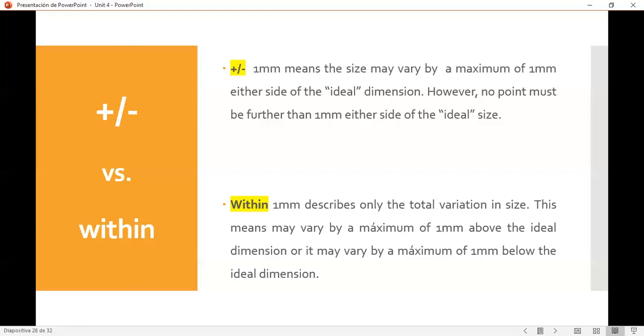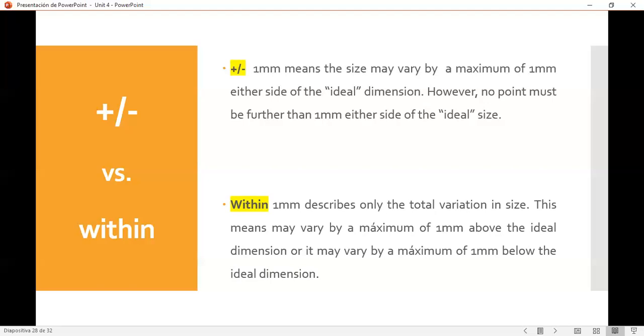The same as a minimum of 99 and a maximum of 100, or a minimum of 99.5 and a maximum of 100.5. That's 1 millimeter in variation. So in within we almost find like a range between the widest and the narrowest size.